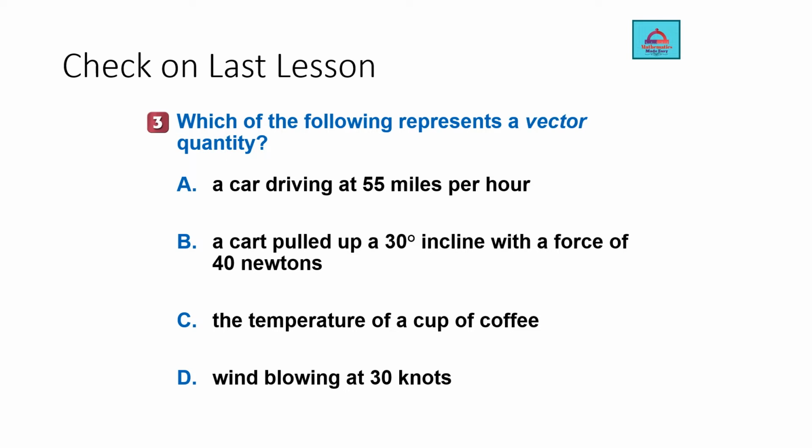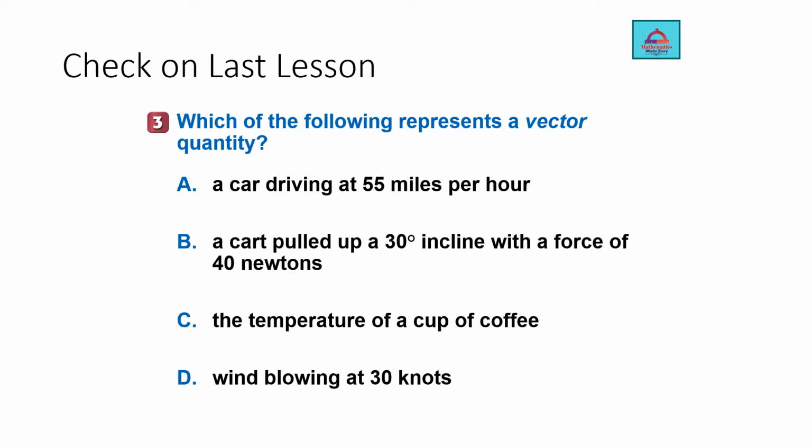If you look at option A, it just talks about magnitude of 55 miles per hour. That's the speed with which the car is driving. If you look at option C, it's the temperature of a cup of coffee. So it may be like 40 degrees or 50 Fahrenheit, like that. And if you look at option D, the wind is blowing at a speed of 30 knots.